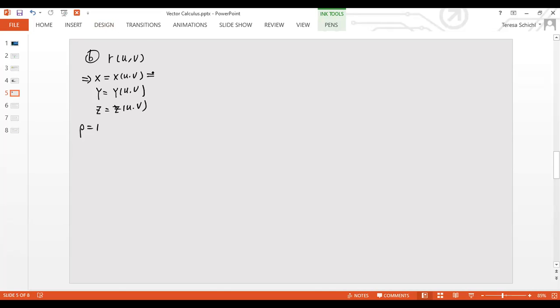So now I can use spherical coordinates. x equals rho cosine u cosine v, and we put 1 for rho because the radius is 1. y is sine u cosine v, and z is rho times sine v. So we try to use the spherical coordinates idea. After we do that, the hardest part is to find the region.